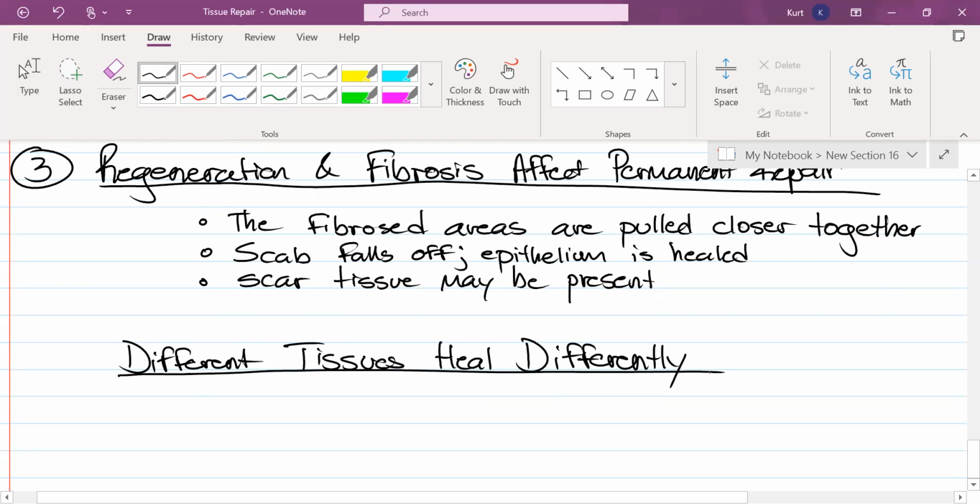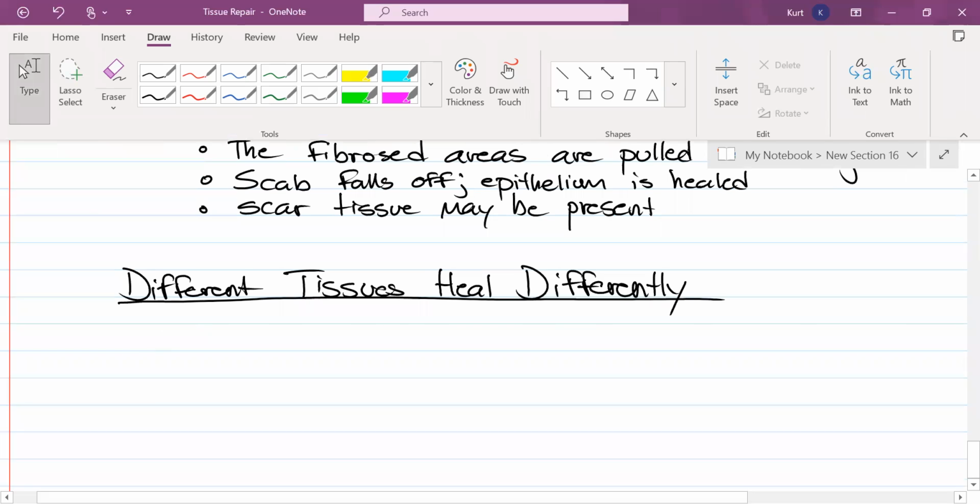You broke a bone, all things considered, it heals pretty fast. A couple months for solid bone to heal, not bad. You damage your spinal cord, ugh. You tear your knee ligament, you tear a muscle, it depends on the tissue type as far as the healing.